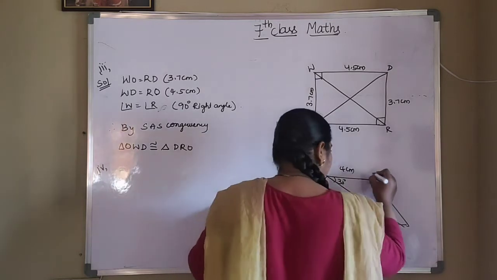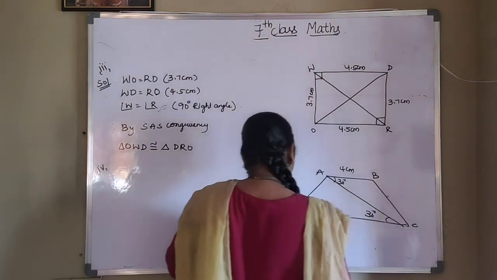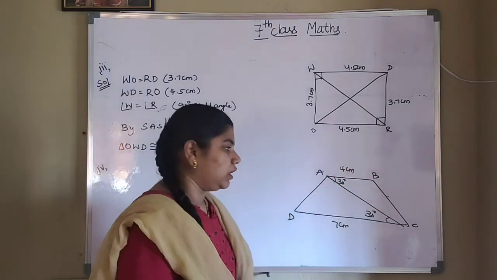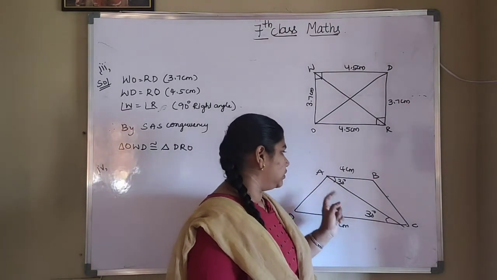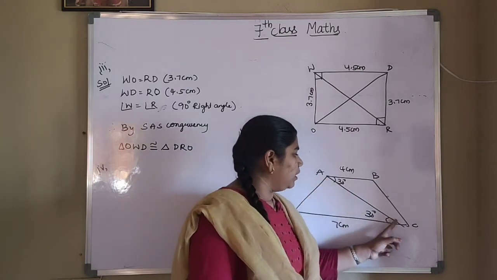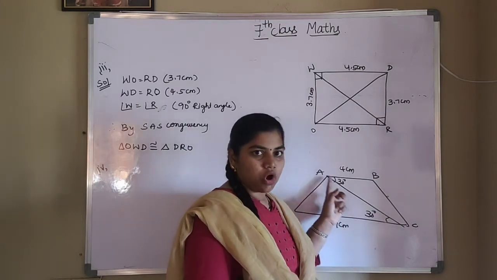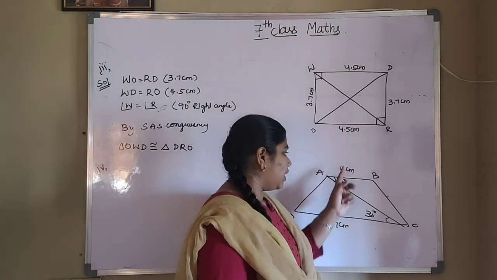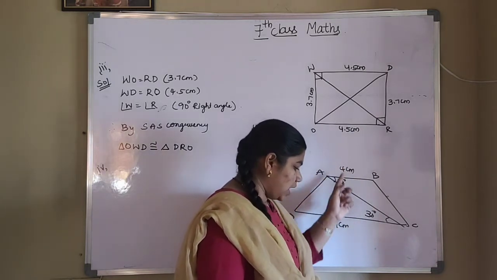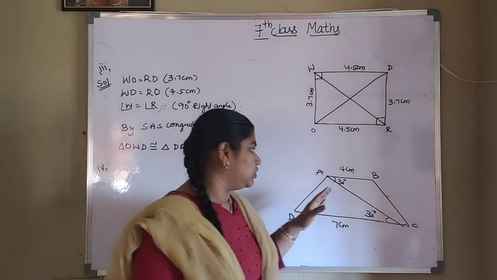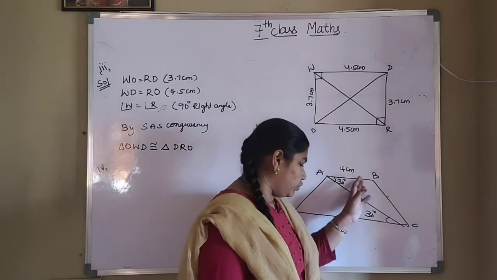A, B, C, D. Whether these two triangles are congruent or not, we have to check. Here also 30, here also 30, so the angles are the same, and it is a common base for both the triangles. But these two sides are different. That means they are not congruent to each other.